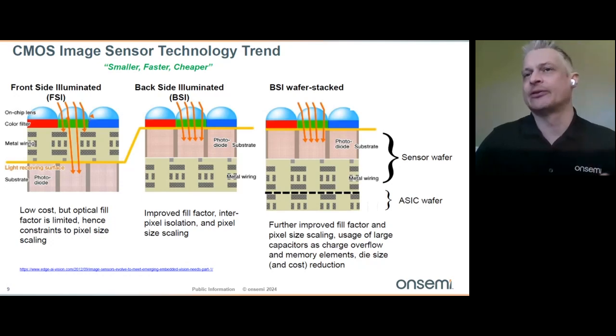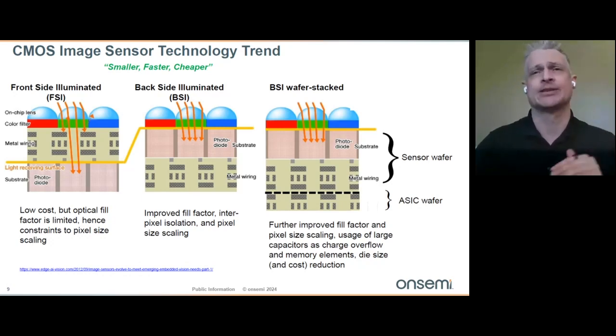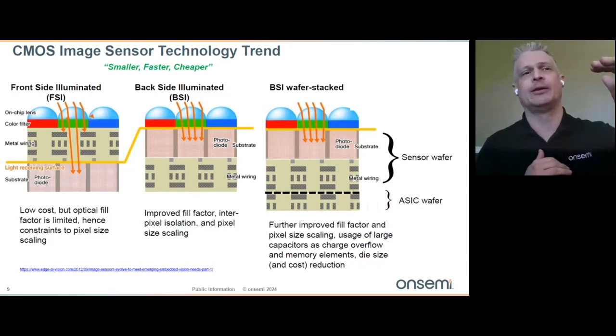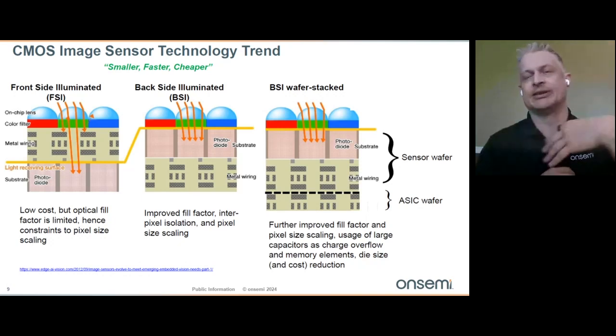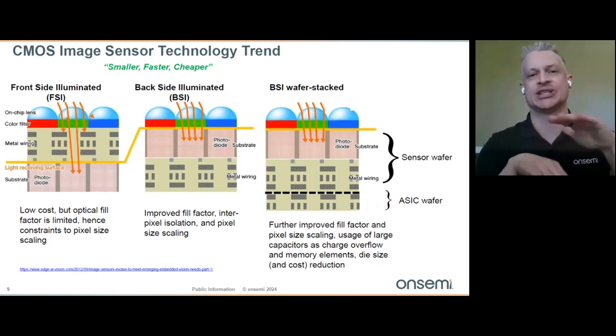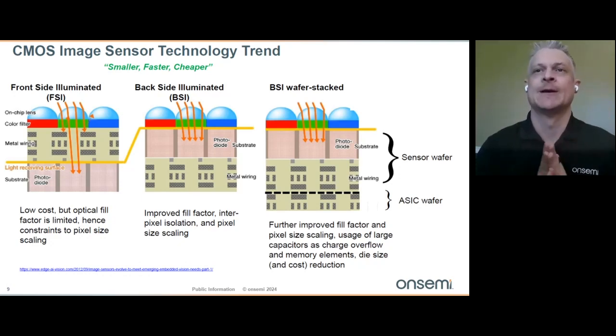And then the latest technology, which has been around for probably close to 10 years, but is really just prevalent now, is that there are actually two wafers. As I mentioned before, you have the wafer that is doing the imaging related functions, and that's basically the pixel that you see there and the wiring around it. And then you have all of the other complementary functions that sit beneath it. What this allows you to do is to optimize the size. So this is a trend that has not changed.